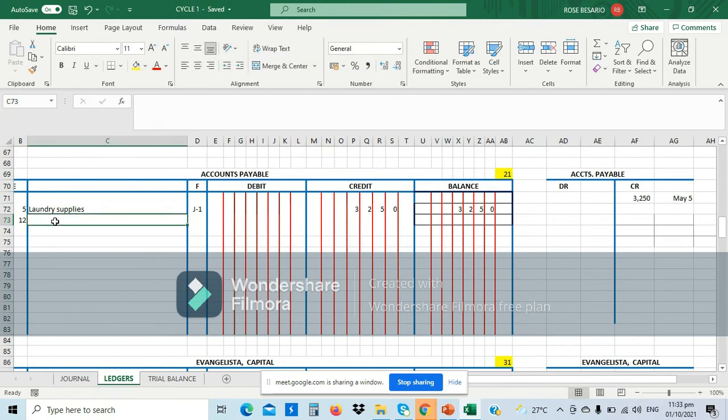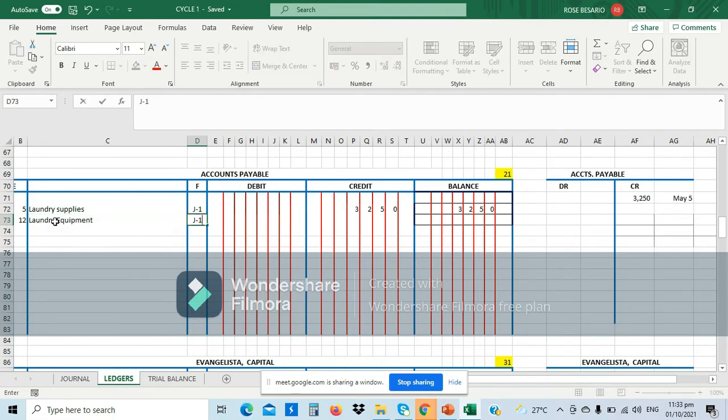Then laundry equipment from J1. So the amount is 80,000. Okay, then extend.